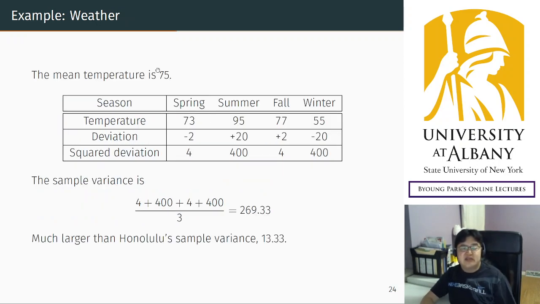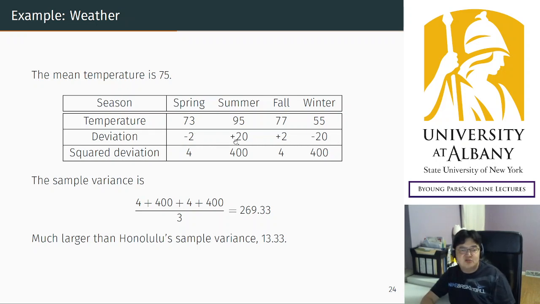So the mean is 75, and if you like, you may want to make 2 additional rows. First, subtract the mean temperature. So -2. Spring is 2 degrees below the mean, summer is 20 degrees hotter than the mean, fall is 2 degrees above, and winter is 20 degrees colder than the mean.